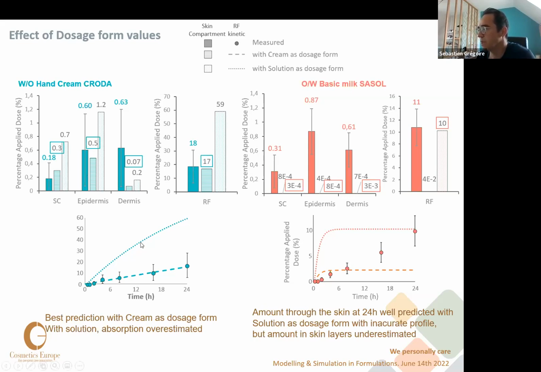As you can see, for the inverse emulsion, the most appropriate is to simulate the formula as a cream, whereas for the direct emulsion, the most appropriate is to simulate the formula as a solution. That could make sense if you consider that the continuous phase of the direct emulsion is water. So we can assume that for direct emulsion, maybe the most appropriate way is to characterize it as a solution.